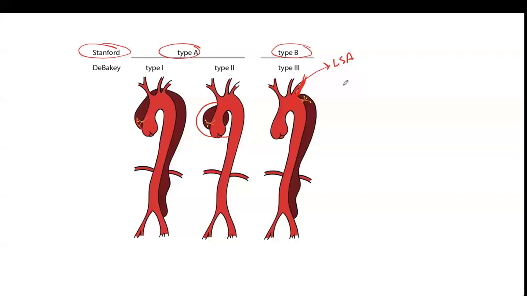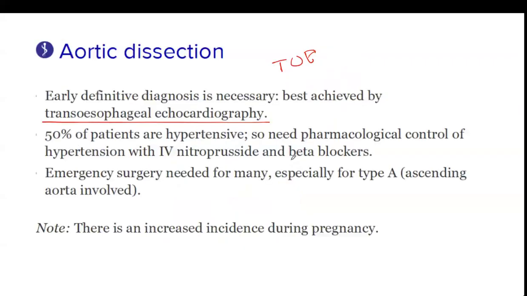Type B, there are lots of patients who might not even need an operation. Type B, the main treatment is pharmacological, control their blood pressure. Okay, so for type B, because most of these patients are hypertensive, you need to control the blood pressure. First we give IV beta blocker, which is IV esmolol or IV labetalol.